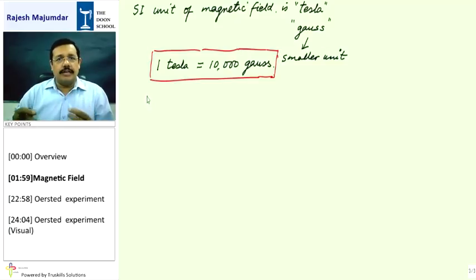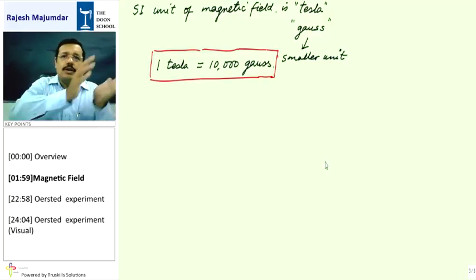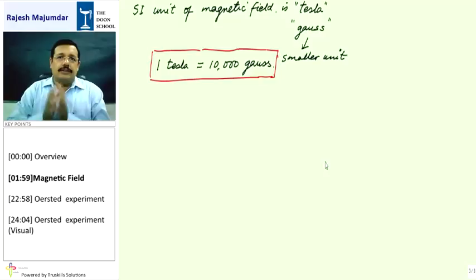Do you recall electric flux? Electric flux was studied in electrostatics. Similarly, there is magnetic flux. Magnetic flux is nothing but the density of magnetic field lines passing through an area. And this is also a measure of magnetic field. And we call it then magnetic flux density.